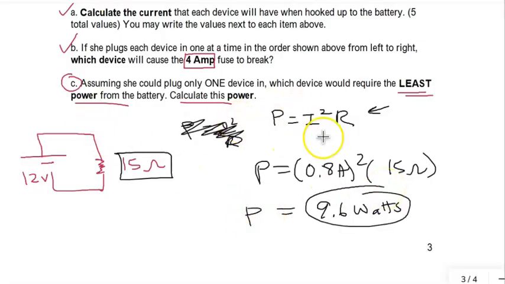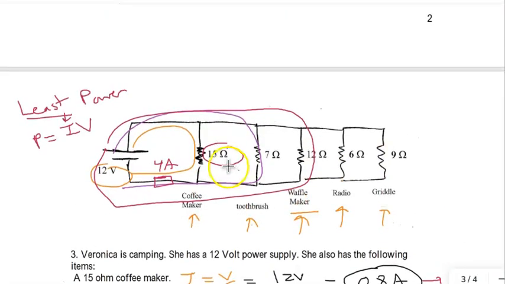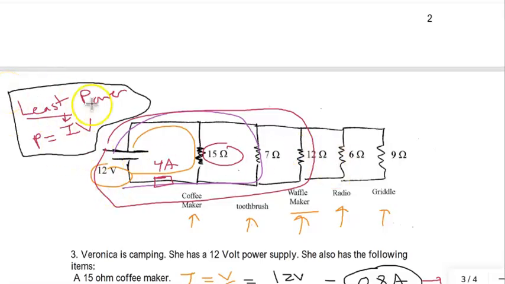Okay, so if this question were on a test, again, I would hope that you would go through the logic of which one. Clearly it's going to be one of the extremes, either the biggest resistance or the smallest resistance. And you could always check both to see which one is least, but again, I hope that you think deeply about why that makes sense.